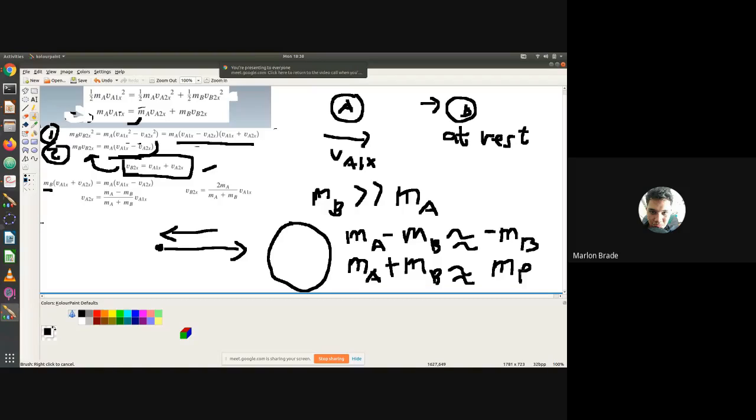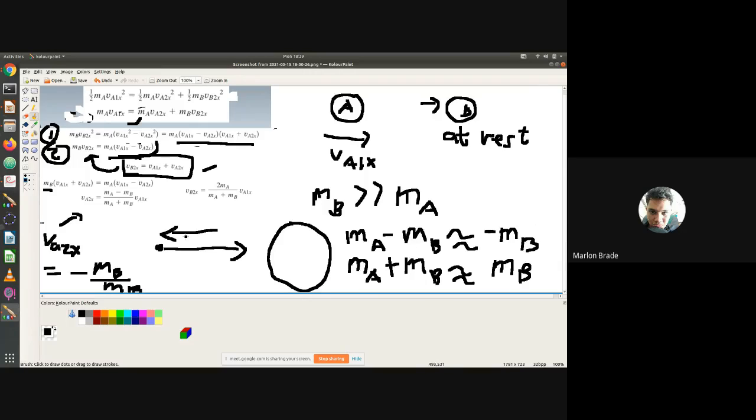Right? So, kung ako nang i-plug in dire, ang mahitabo ang akong VA2x, ang final velocity VA2x, sa ako ang Julin, after niya naigo sa dako kayo nga bato, is equal siya sa MA minus MB is approximately equal to negative MB. So, MA plus MB is approximately equal to MB.